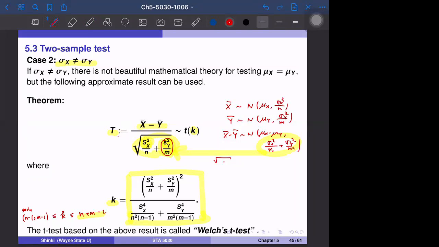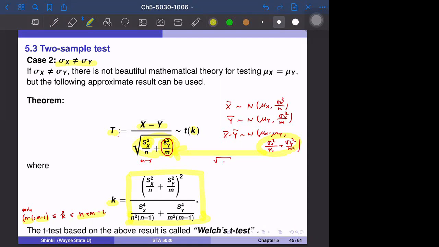In such a case, the degrees of freedom approaches n minus 1, because s sub y square doesn't have much variability. So if s sub x square is much larger, then k approaches n minus 1. If s sub y is much larger than s sub x, then the degrees of freedom approaches m minus 1. So k is somewhere in between.